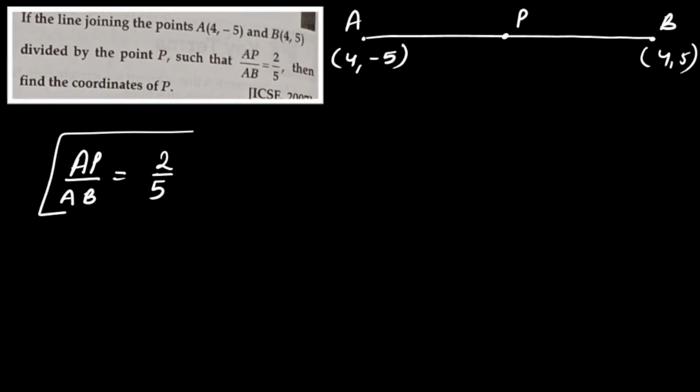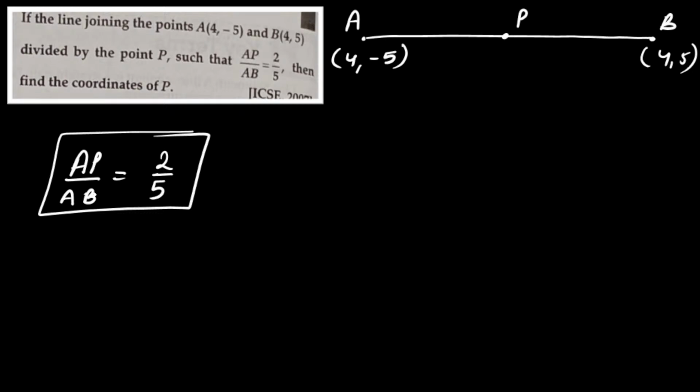So whenever a ratio like this is given to us, what do we have to do? Basically, when we need the ratio, it is always AP is to PB, this part's ratio with respect to this part. But now they have given us the ratio as 2 is to 5.